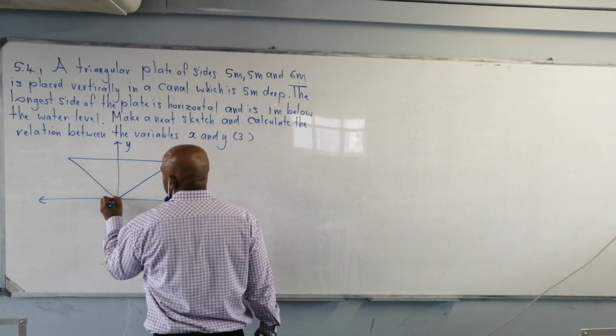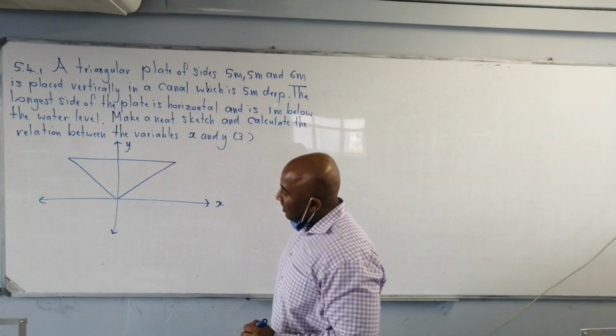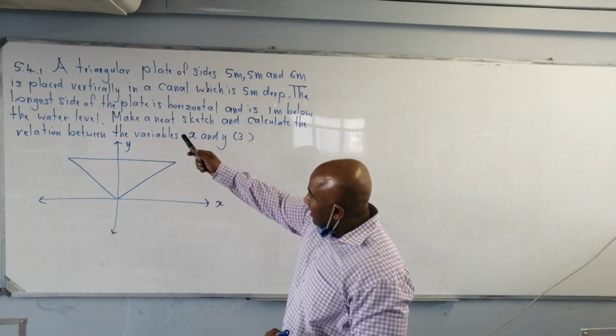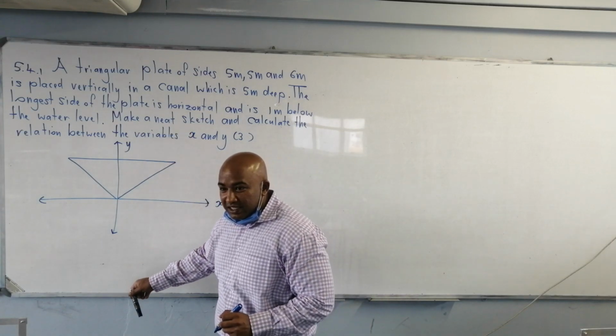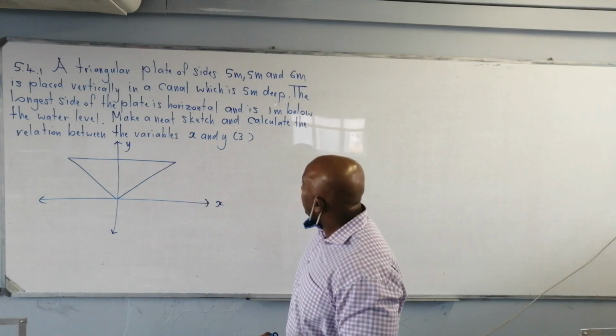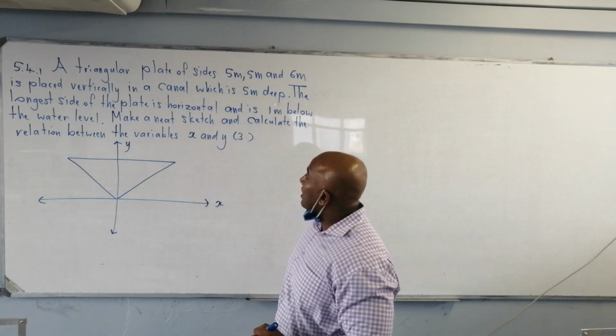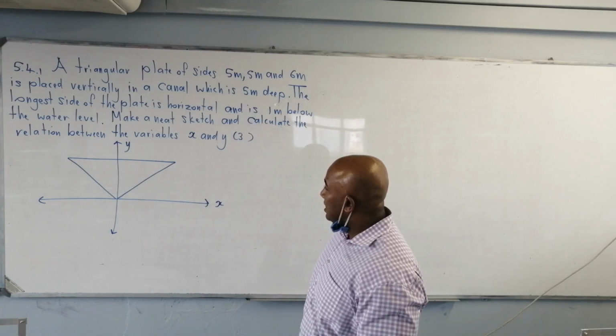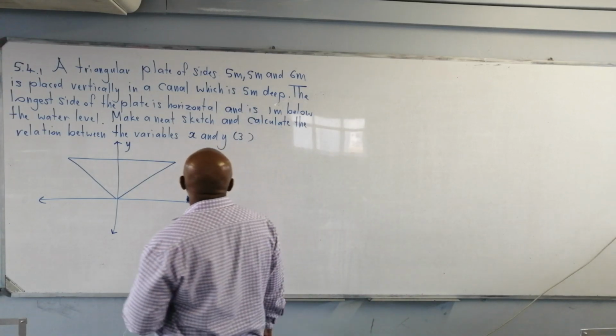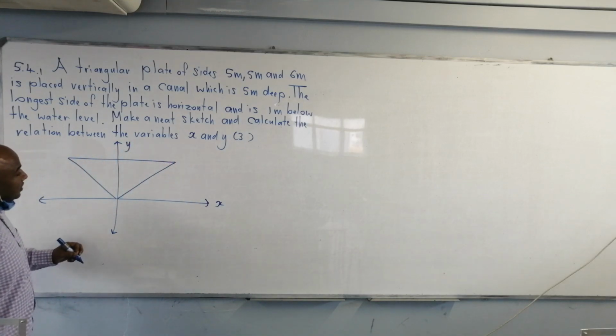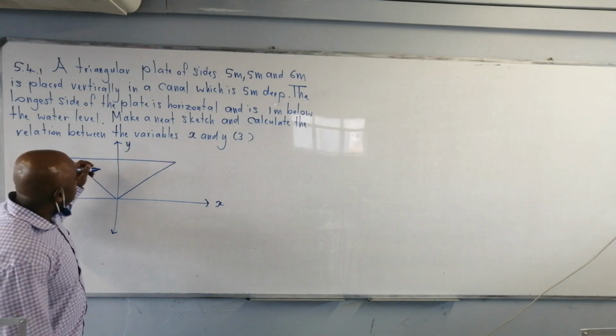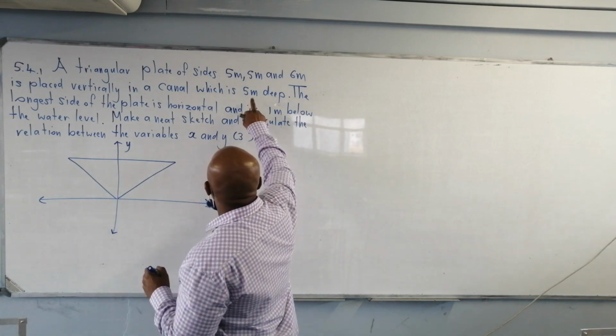Here is your triangle. Right, so now it's placed vertically. So it's inside a canal which is 5 meters deep.